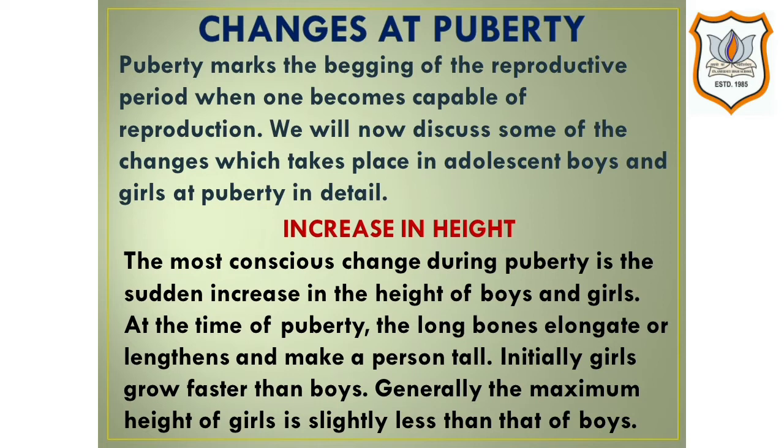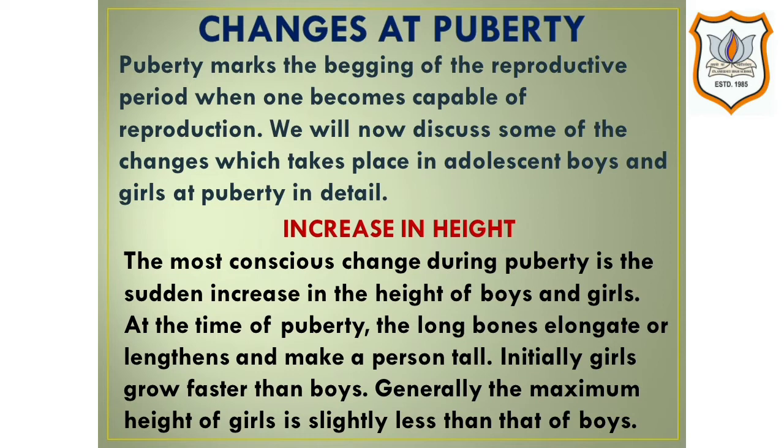Puberty marks the beginning of the reproductive period when one becomes capable of reproduction. We will now discuss some of the changes which take place in adolescent boys and girls at puberty in detail. The first change that occurs is an increase in height.